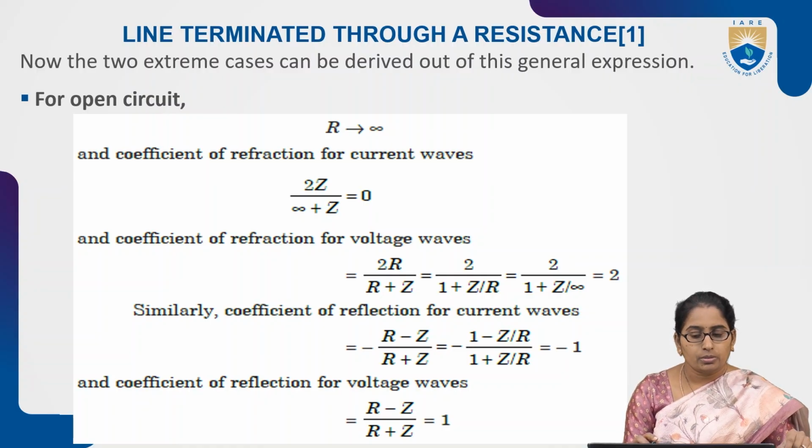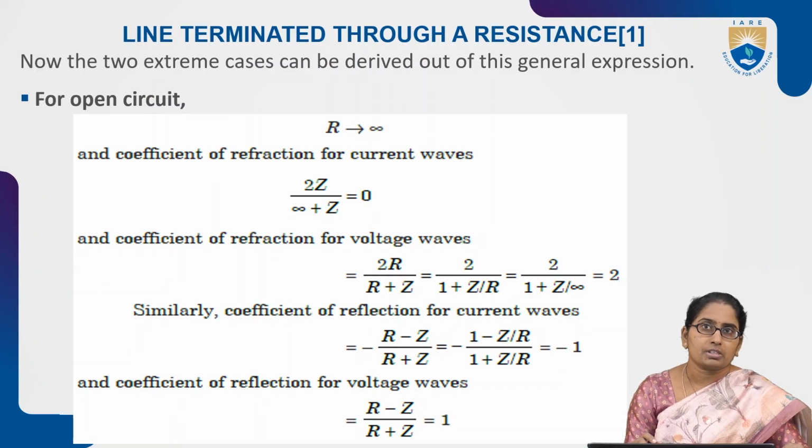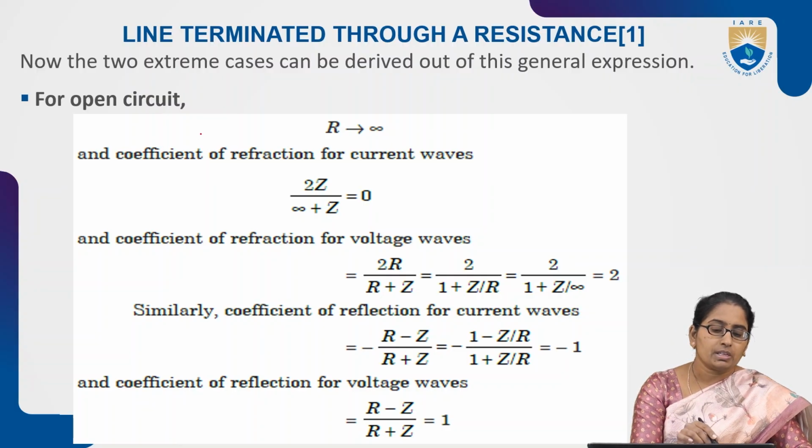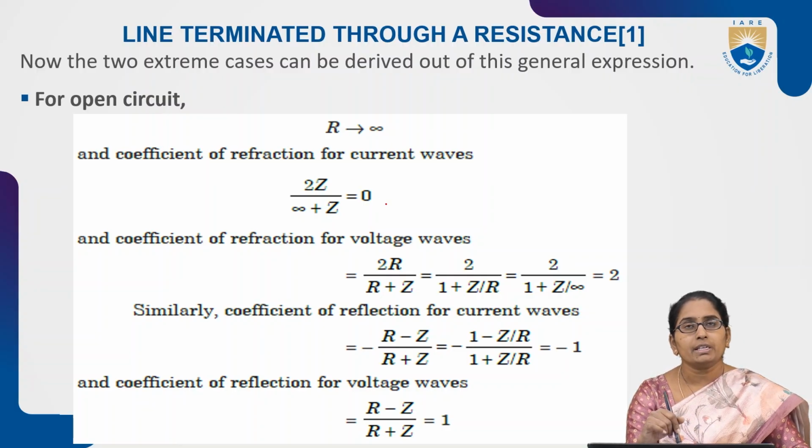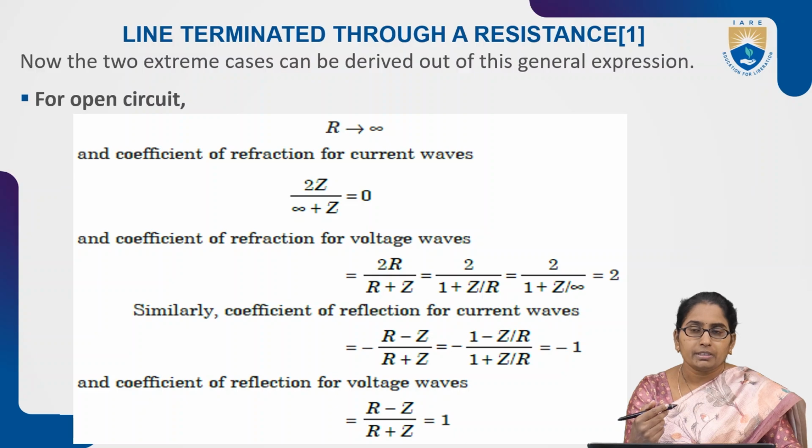So now check once for the previous two sections, for the open circuit case and short circuit case. So first for the open circuit, we know that at the receiving end it is open, means current 0, means whatever the resistance value, line at the receiving end current 0 means resistance becomes infinity.